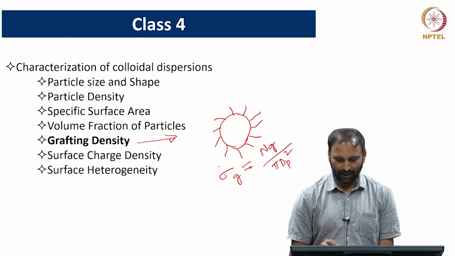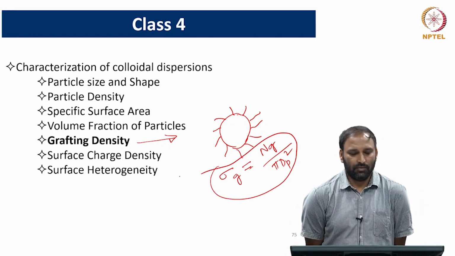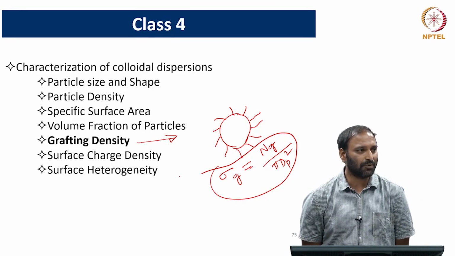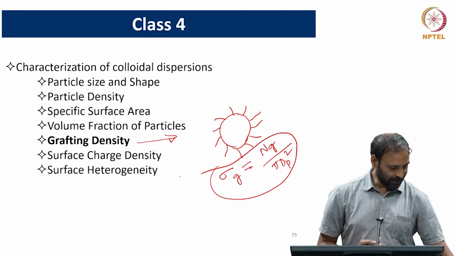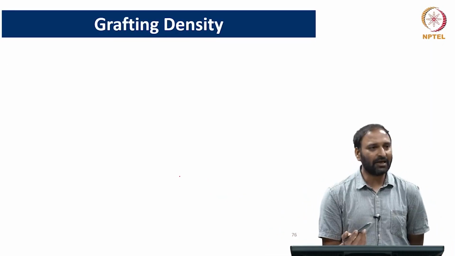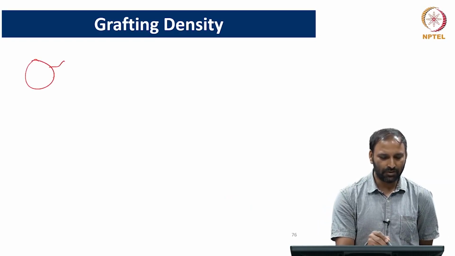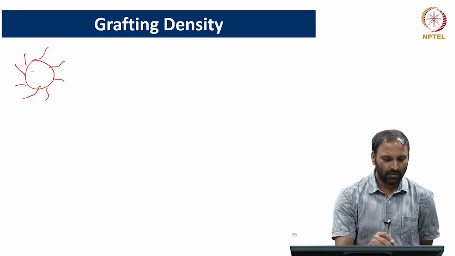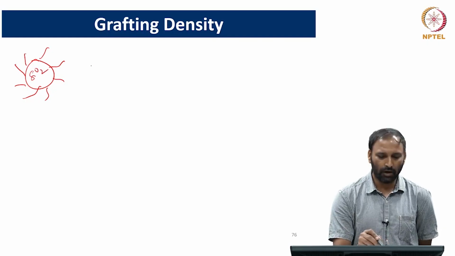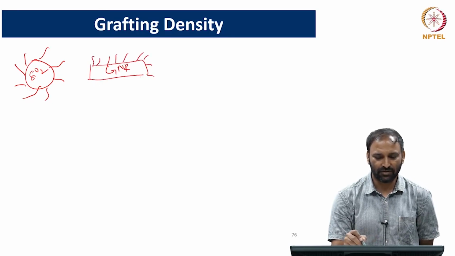How do we get that? Some random thoughts as to how we get this. One technique people use in the literature is this. You take particles that have these molecules on the surface, say a silica particle, SiO2, or maybe a gold nanorod.